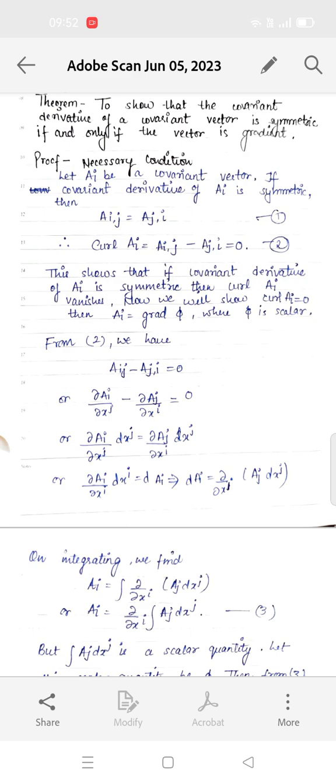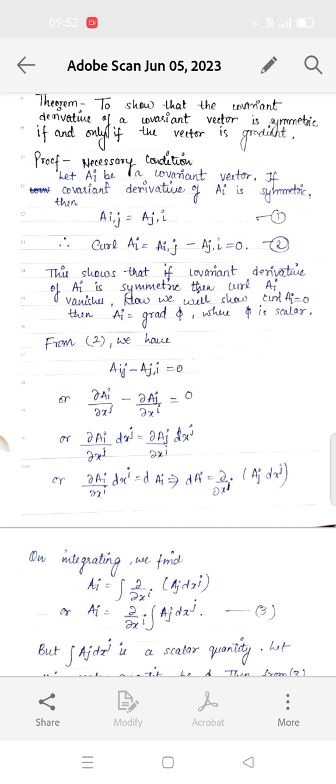If covariant derivative of A_i is symmetric, which means that A_i,j is equal to A_j,i, put that as the first equation. Since curl A_i is equal to A_i,j minus A_j,i is equal to 0, this shows that if covariant derivative of A_i is symmetric, then curl A_i vanishes.